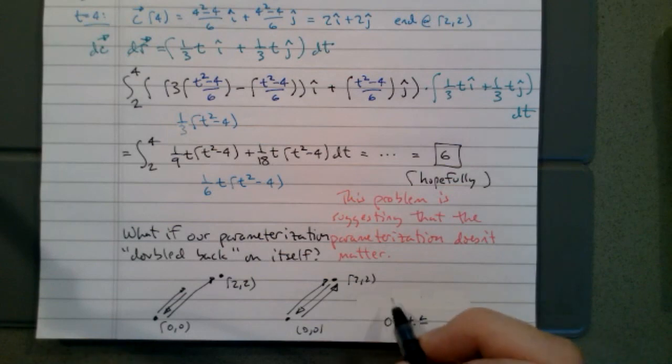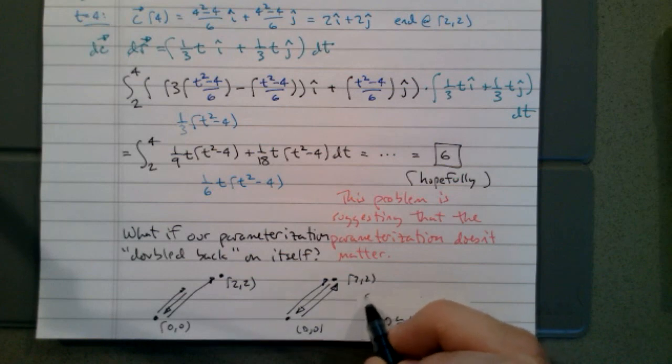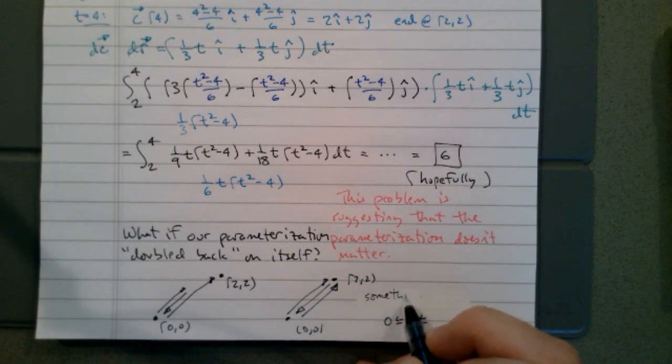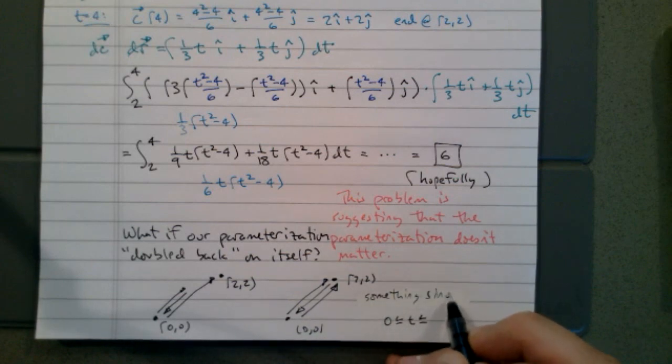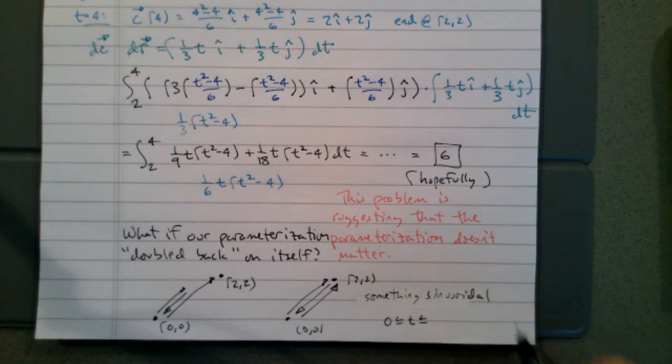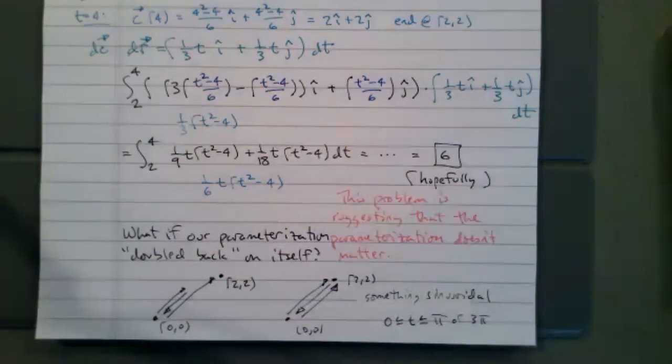I could use a sine, something sinusoidal, where t goes from 0 to not pi, but 3 pi. Something that'll go up, down, and up again. That would be an interesting question to explore by actually building that parameterization and then seeing what happens.